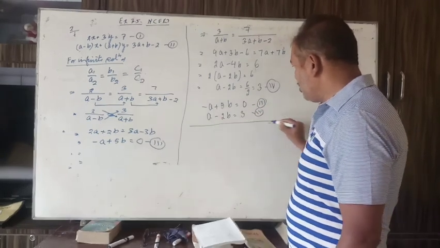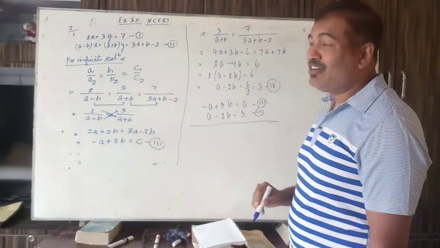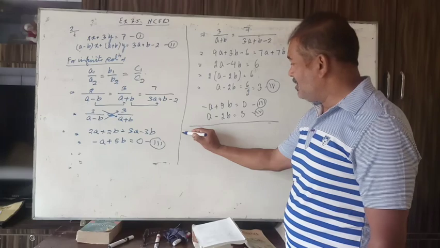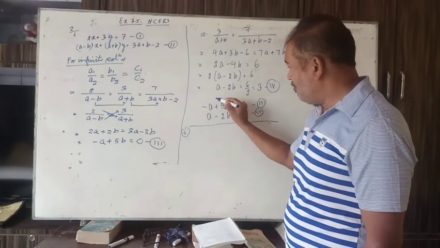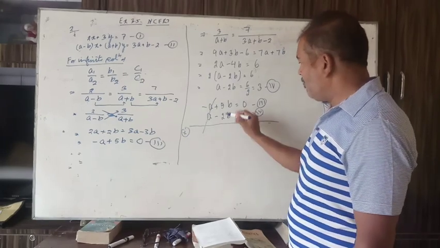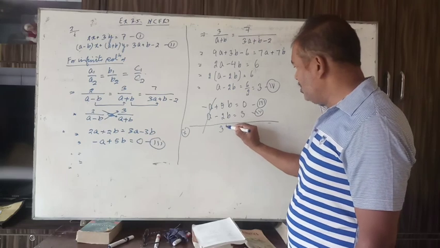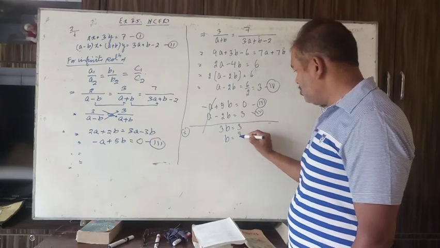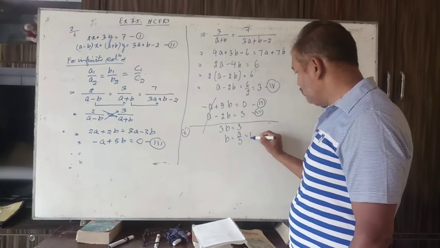So in the elimination method, we need to equalize the coefficients. Already the coefficient of a is equal. Signs are different, so we need to add. Minus a plus a cancel. 5b minus 2b, that is 3b, is equal to 3. So b is equal to 3 upon 3, that is equal to 1.